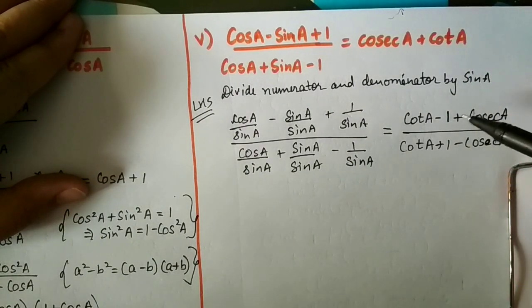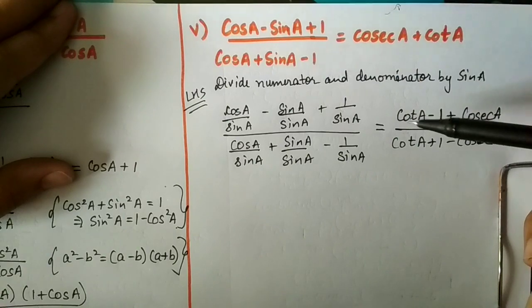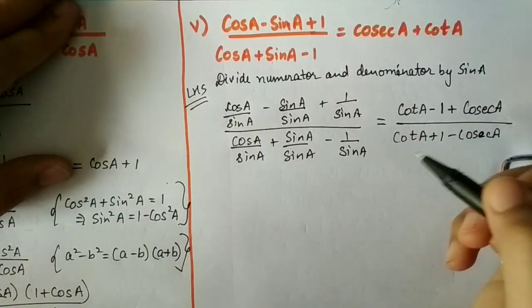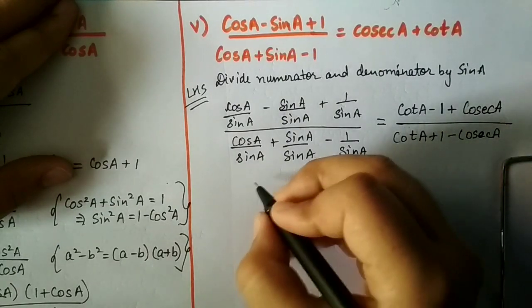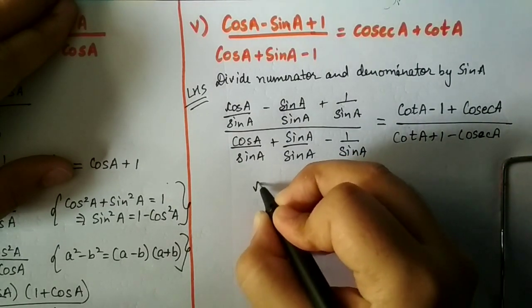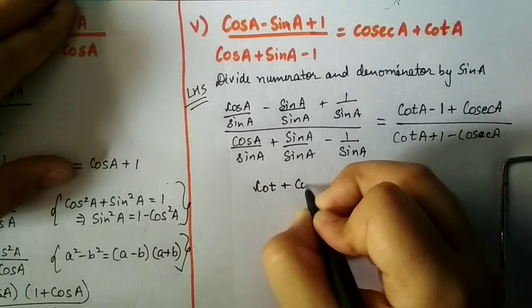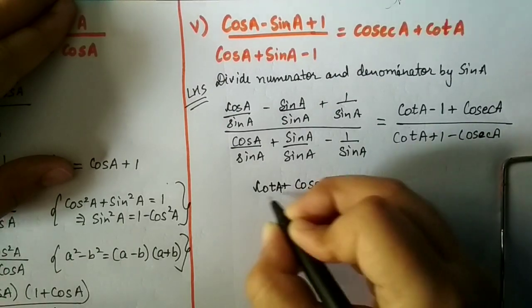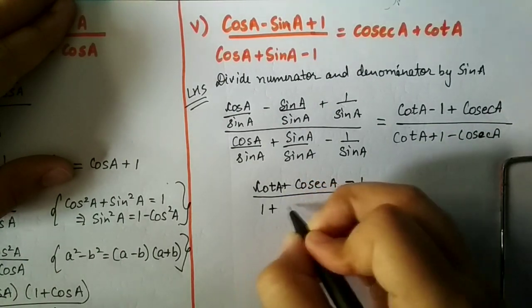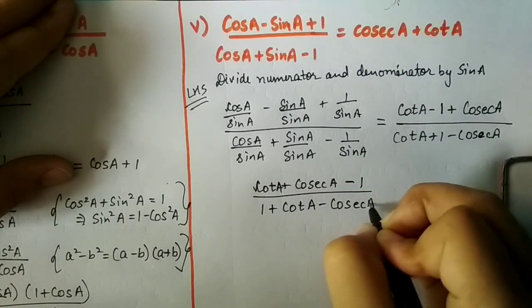In other questions we convert these terms into sin and cos, and in this question we are converting sin and cos into the higher trigonometric ratios. So now from here you write it as cot a plus cosecant a minus 1 upon 1 plus cot a minus cosecant a.